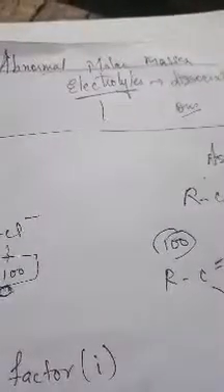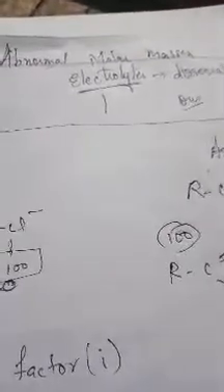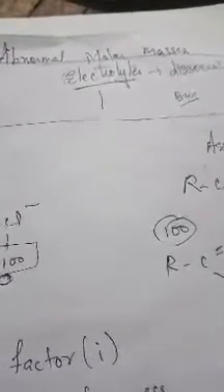The last topic of the chapter we have is abnormal molar masses. Another heading we give is colligative properties of electrolytes.